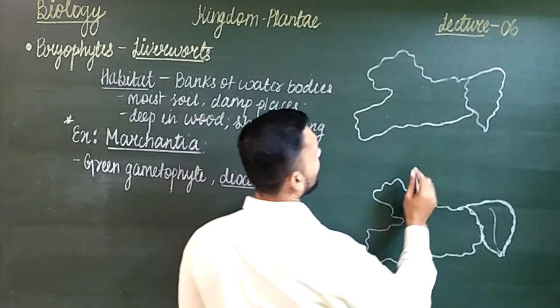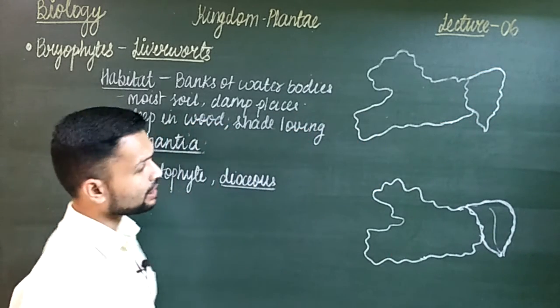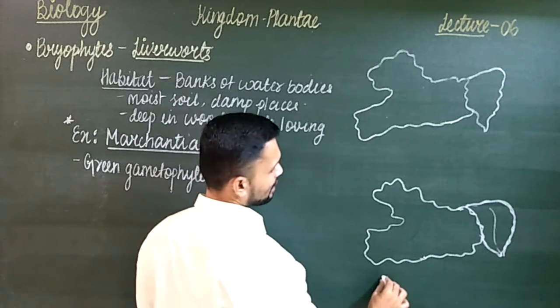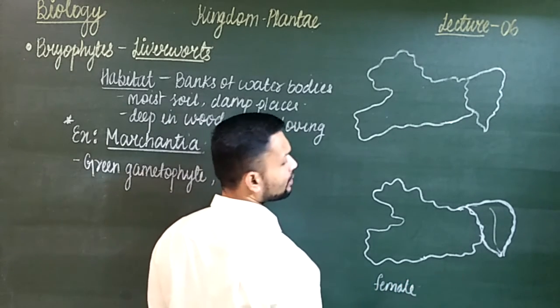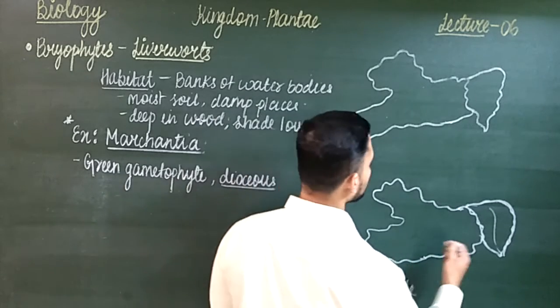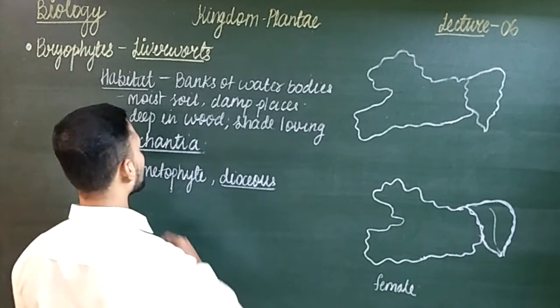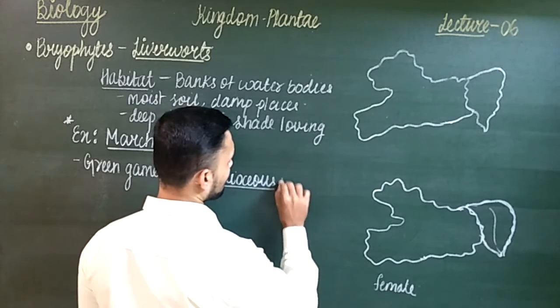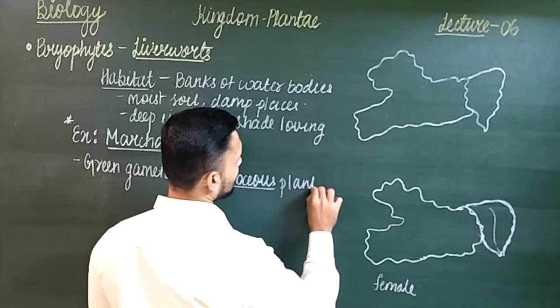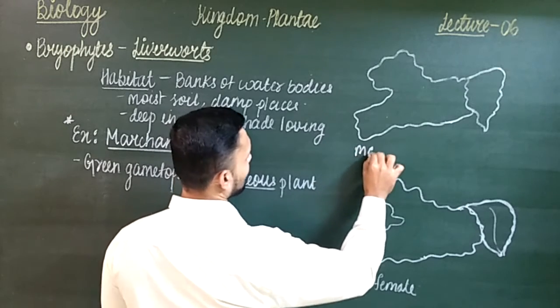So this is another Marchantia. This I am drawing as a female. Now in this, let's see. As I said, they are green gametophyte, a dioecious plant, that is, male and female are different.